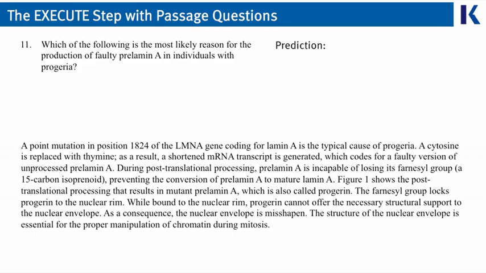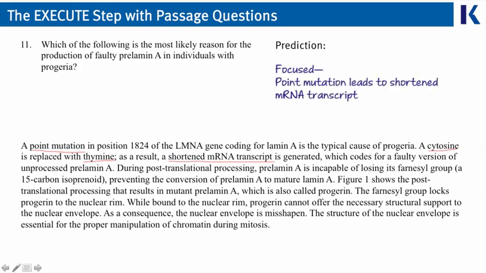While there's a lot going on in this paragraph, the underlying cause of progeria is actually made quite clear. We're told that it's a point mutation in a gene coding for lamin A, and specifically that the mutation is a change from cytosine to thymine, and that this causes a shortened mRNA transcript to be generated. So an appropriate prediction for this question would be that this point mutation causes a shortened mRNA transcript.